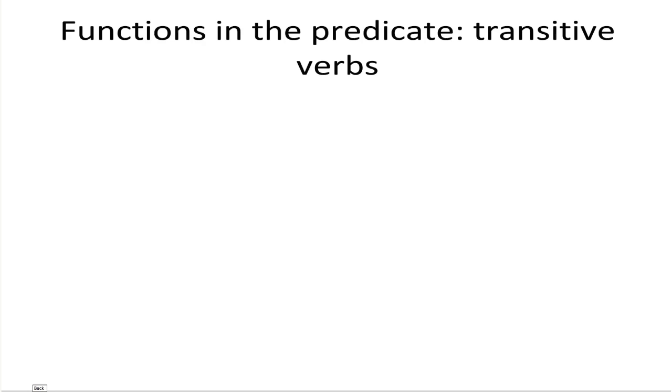Some verbs can't make up a predicate on their own. They need to be followed by a noun phrase. For example, the boy smashed is not a complete clause, even though it has the subject noun phrase, the boy, and a main verb, smashed. And this is because the verb smash really needs something following it. It needs a noun phrase that tells us what it was that the boy smashed.